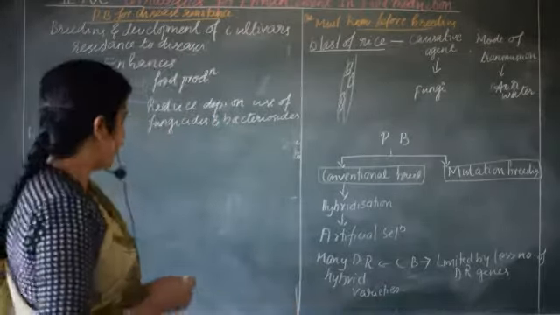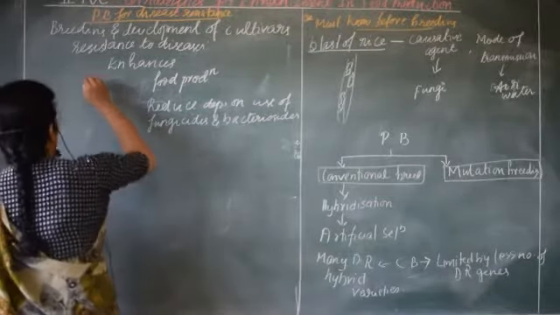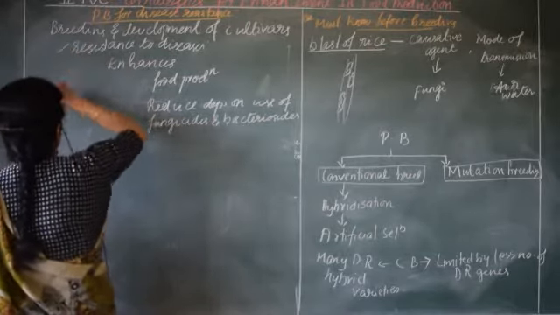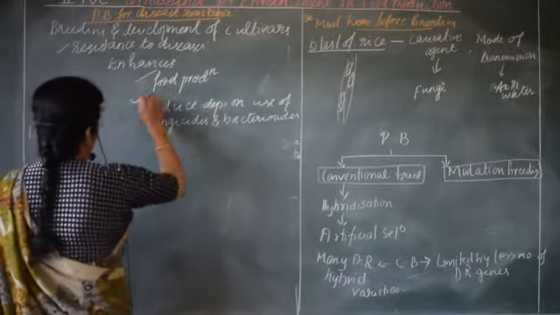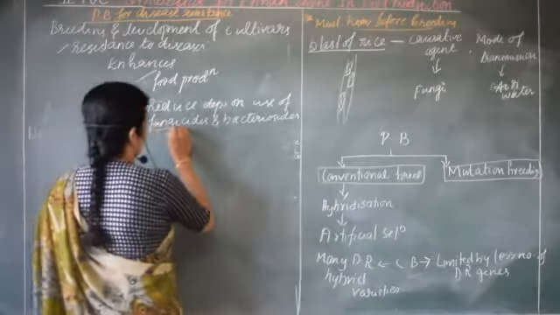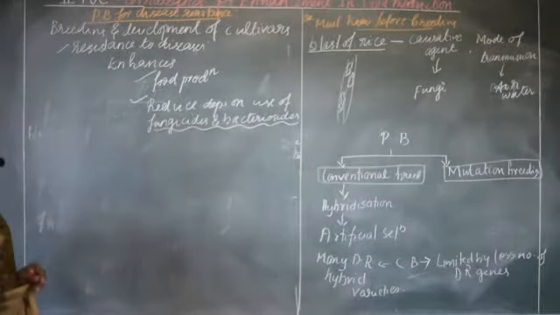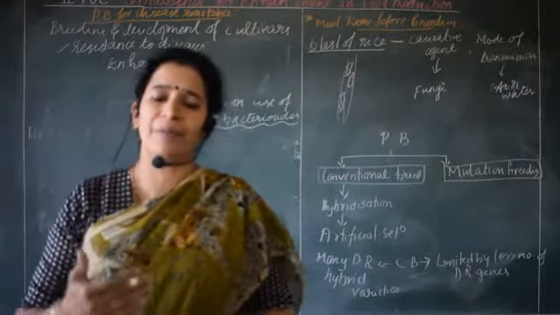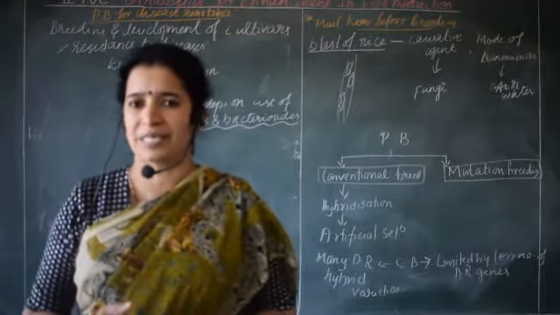So a plant breeder will help in developing these cultivars. It will help to enhance food production, and also it will reduce the dependence on the use of fungicides and bactericides. That's the most important thing as far as our nature is concerned, right? Because when we discussed the Green Revolution, I said that many crop varieties were developed by applying a lot of fungicides, pesticides and all.